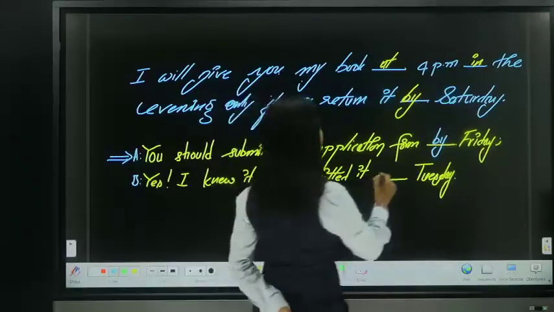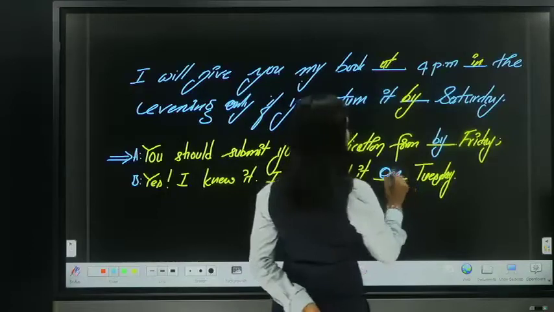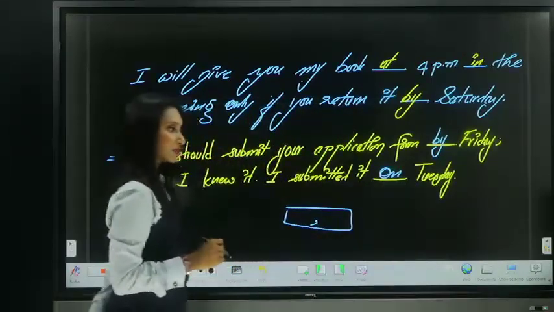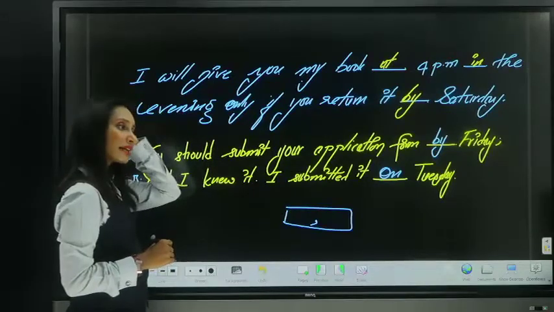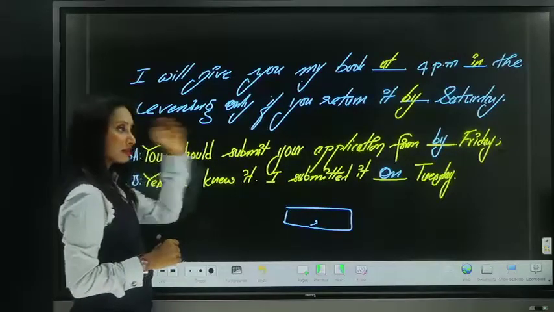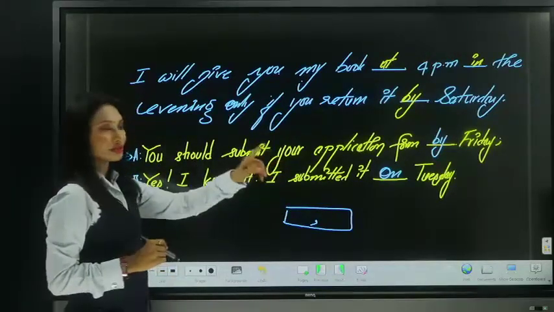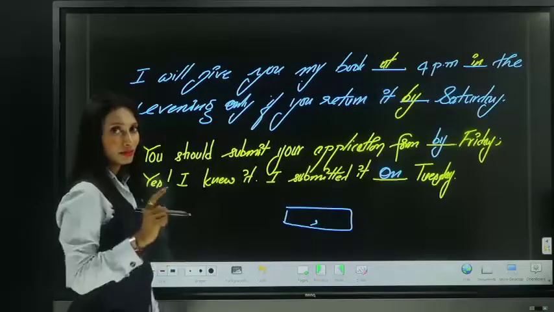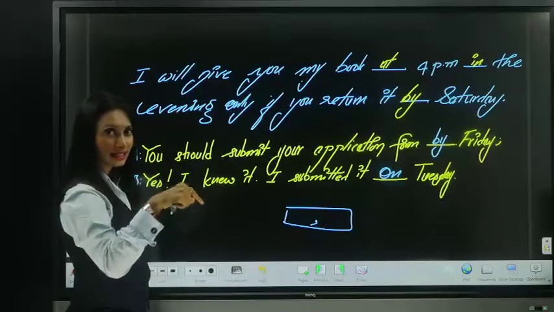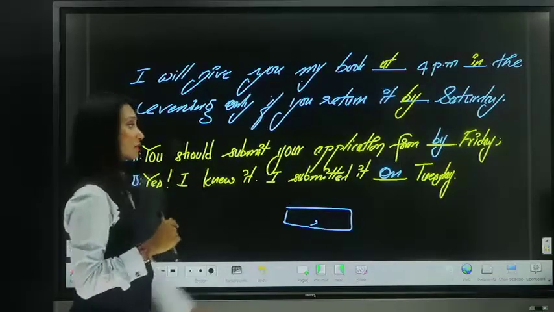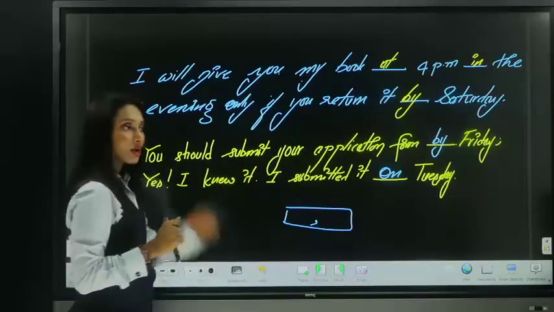I submitted it on Tuesday. So Akash is correct. Yes, Swapna, you're also correct. First one is by, second one is on. So by is the latest time or period, on is the exact date, name of the day. So on Tuesday. I hope it is clear, guys.